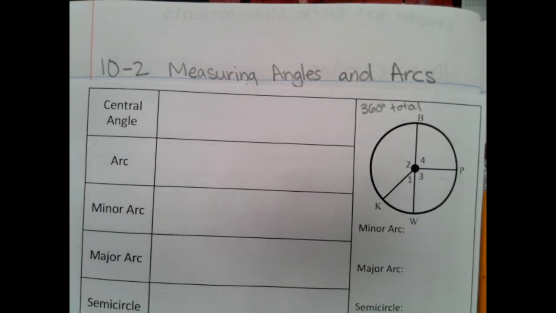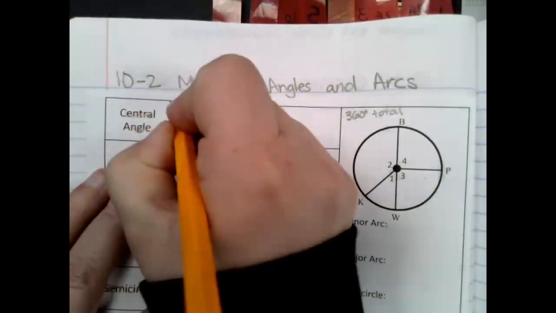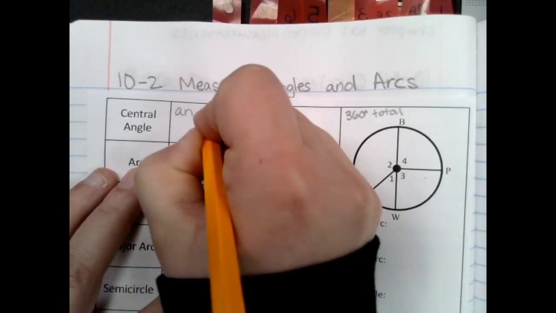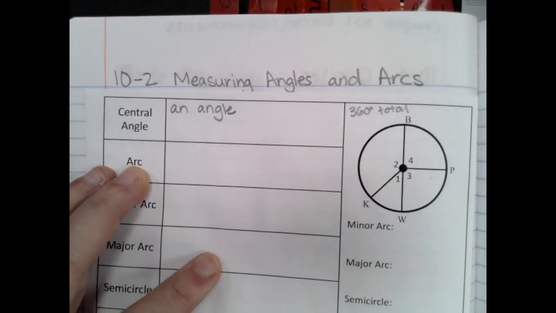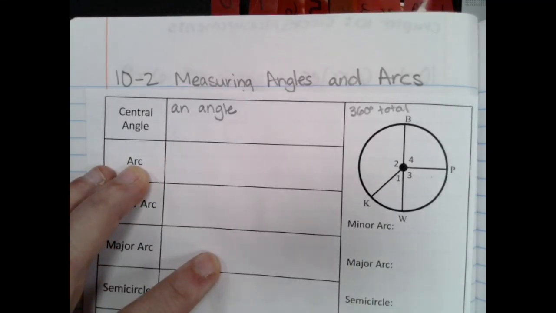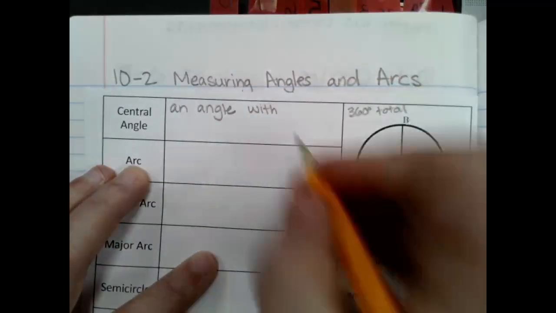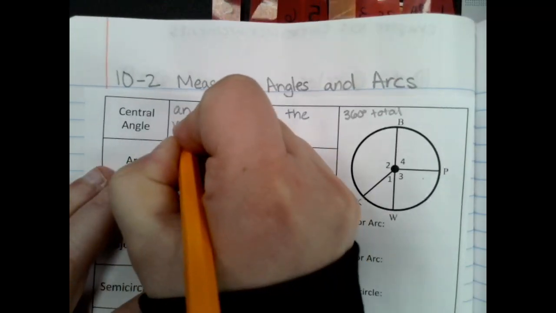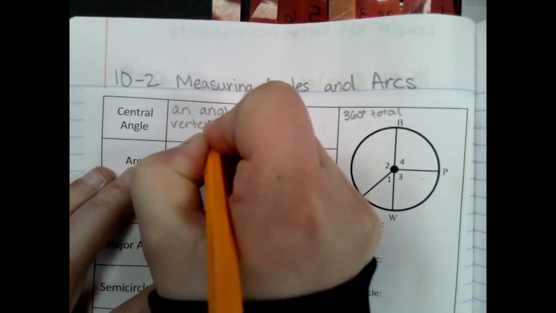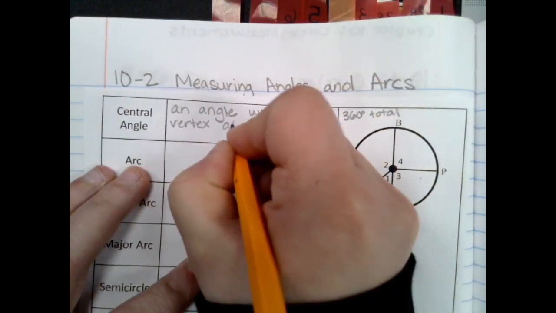A central angle is an angle with the vertex at the center of the circle.